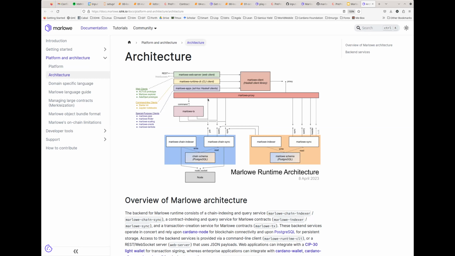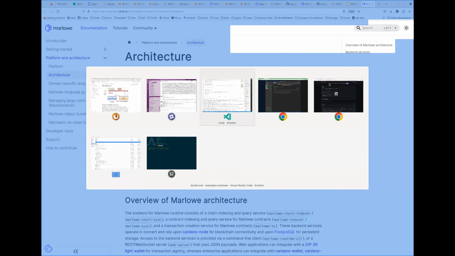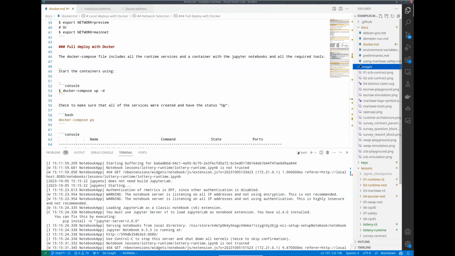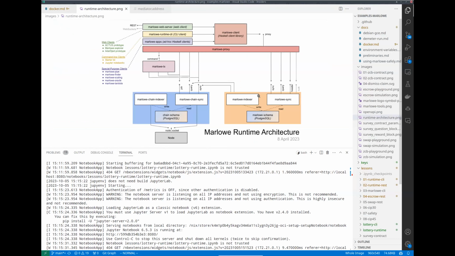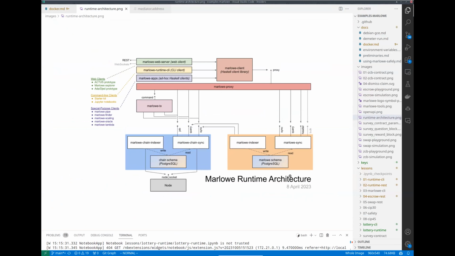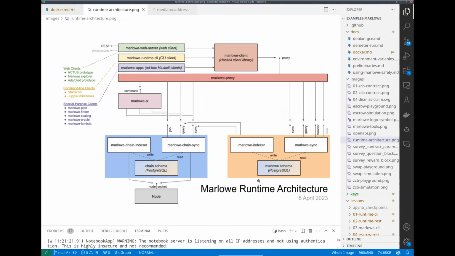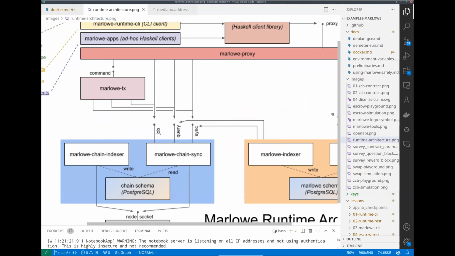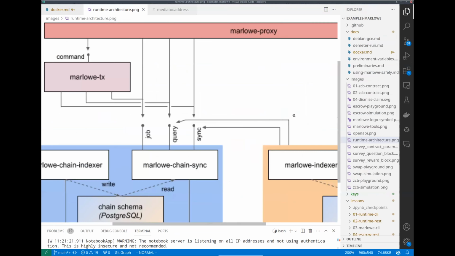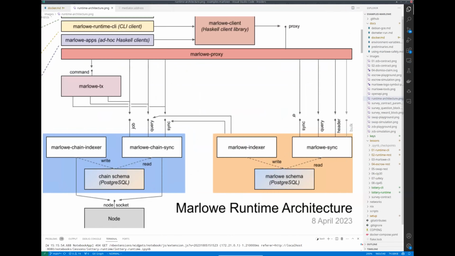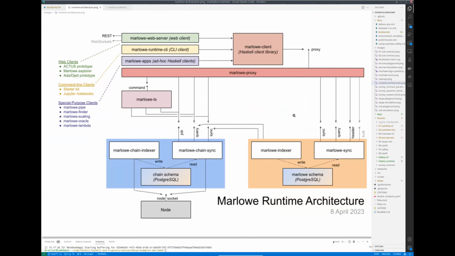Images, runtime architecture. So it's relatively complex.